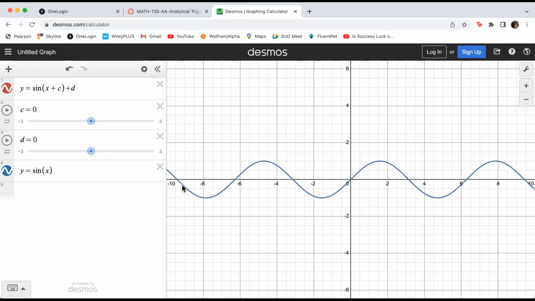So I'm going to put a value of D in there. D is going to go up to +2. And I'm going to put C at +1. Oh, hang on a second. What's going on here? When I put D at +2, which way did it go? It went up, right? So when D goes up, the graph goes up. But what happened when I moved C?